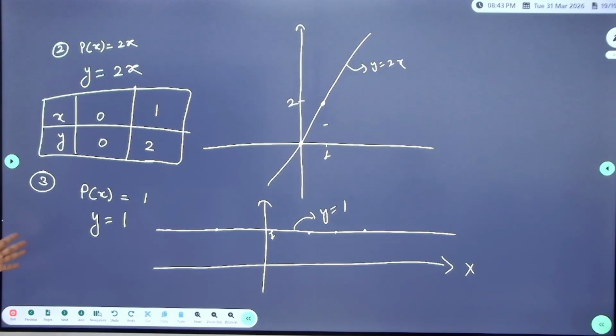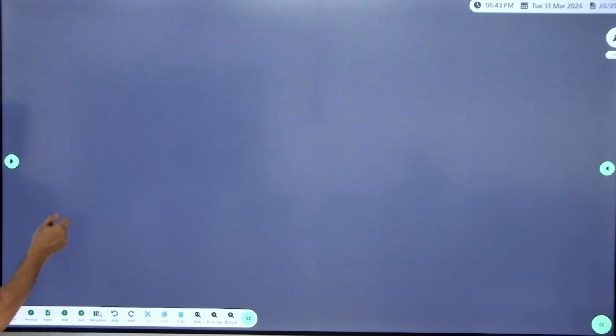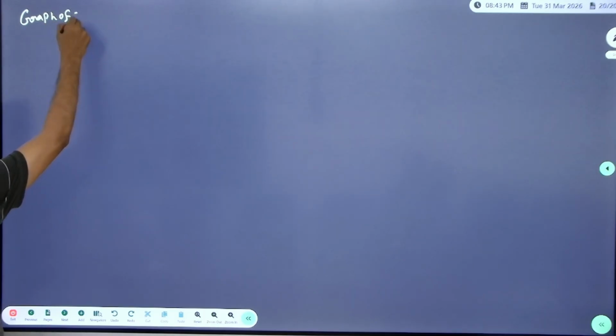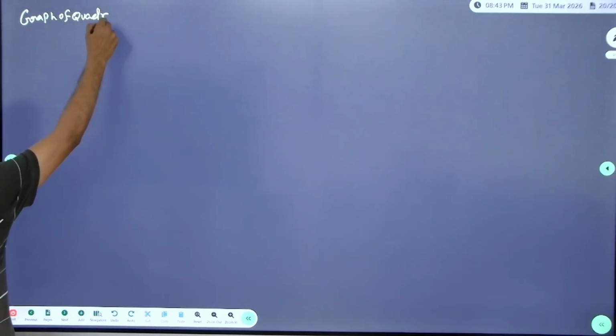So these are the graphs of linear polynomial. Now moving to quadratic polynomial. Graph of quadratic polynomial.